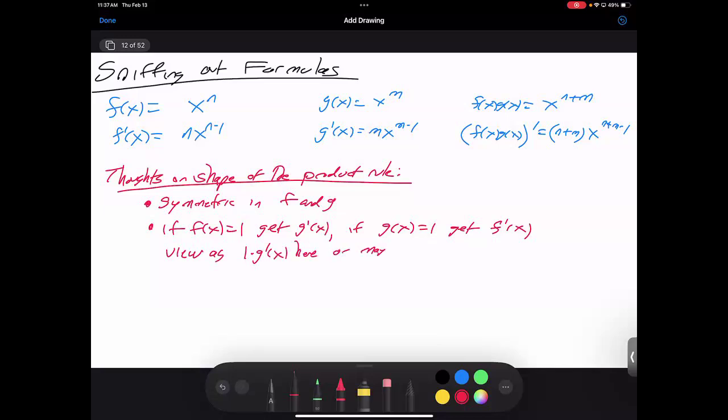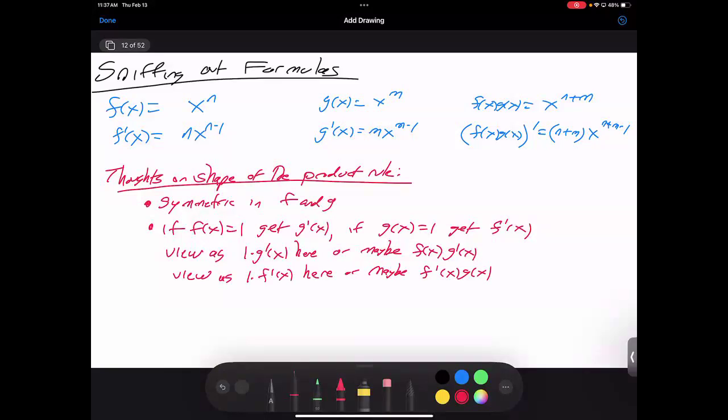Or maybe, what might you guess? So it is 1 times g prime of x, but what is 1 in this case? f of x. Maybe there's a term like f of x g prime of x, and then view it as 1 times f prime of x here, or maybe f prime of x times g of x, just writing it in that order.